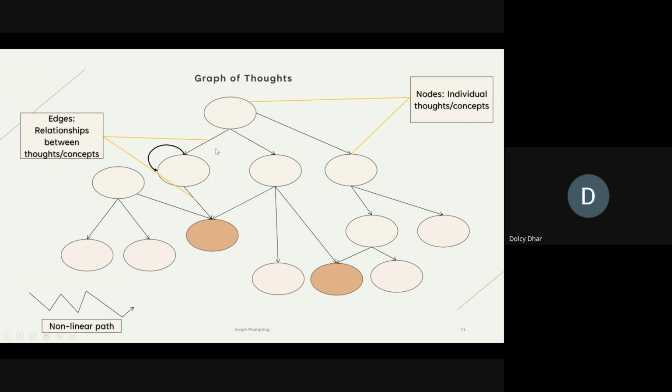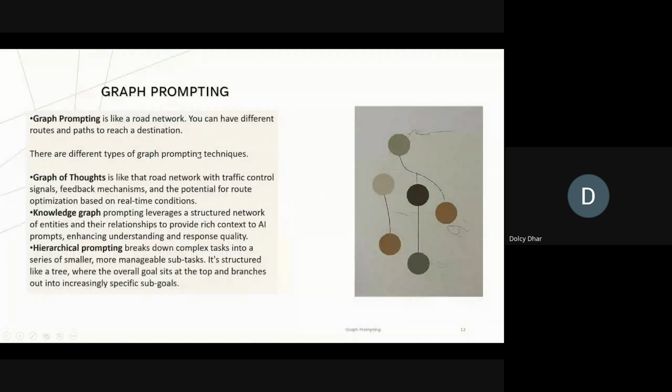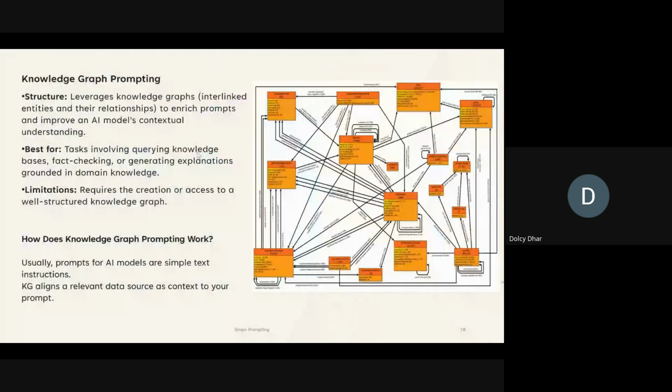So this multiple-step structure can help us come to our answers quicker. Suppose we came through this step and reached over here and realized that this node is actually connected to the main node through this pathway also. So we will guide the LLM, or make changes to our logic, so that the LLM takes the shortest path and gives us the answer faster. That kind of capability we can leverage in graph prompting, but not in chain of thoughts or any other type of prompting.